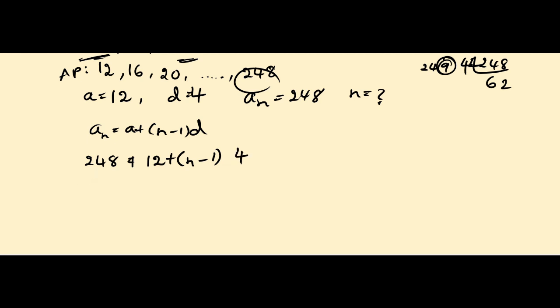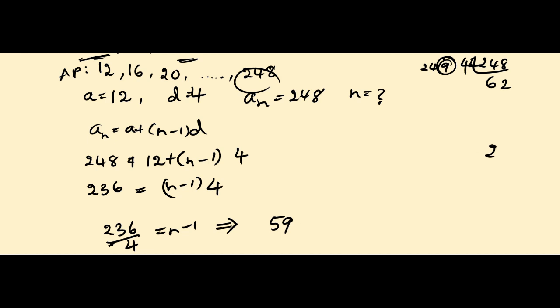248 minus 12 is 236, equal to n minus 1 into 4. 236 divided by 4 is equal to n minus 1. 236 divided by 4: 4 5s are 20, 3 is remaining, 4 9s are 36.